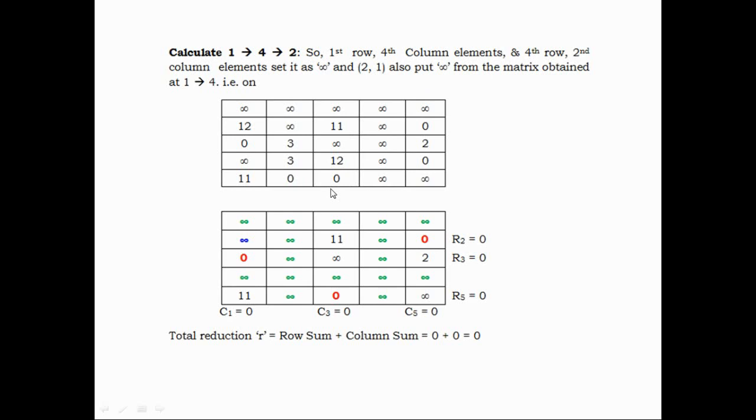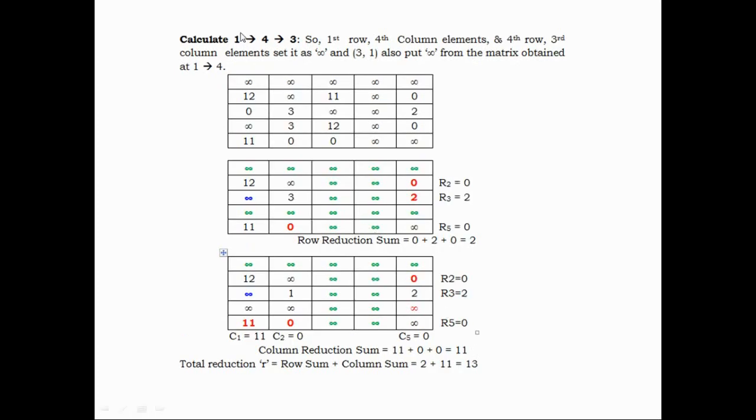See here, the first row and fourth column and fourth row, second column, all the elements we set as infinity, and 2, 1 also. Previously it was 12, now here it is infinity. And we are going to find the row reduction sum and column reduction sum. Here all are zeros, therefore finally the total reduction R equals only 0.